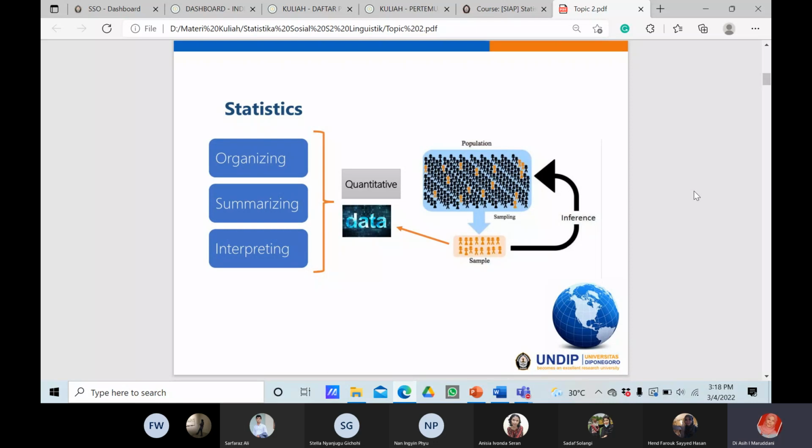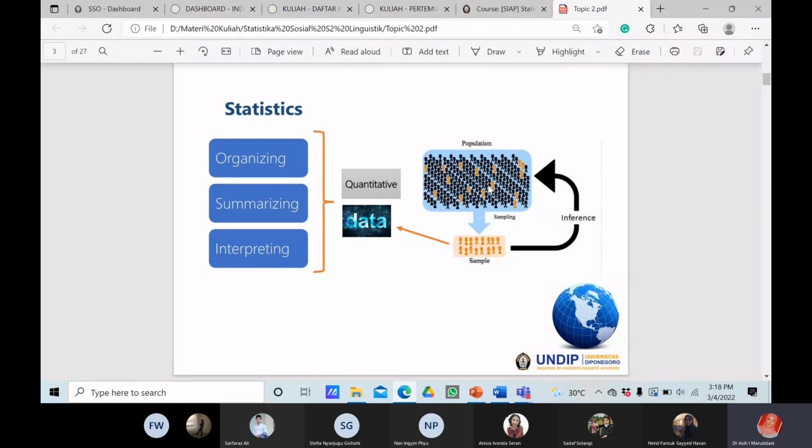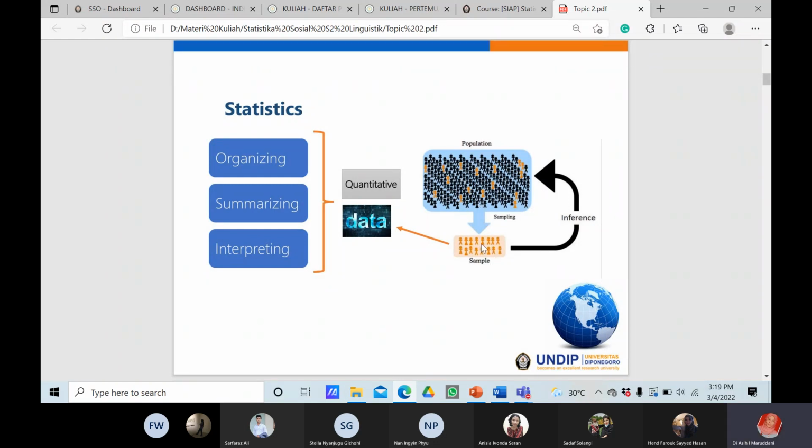I will refresh the topic from last week. We have a population here. Then from the population, we choose some objects as a sample.